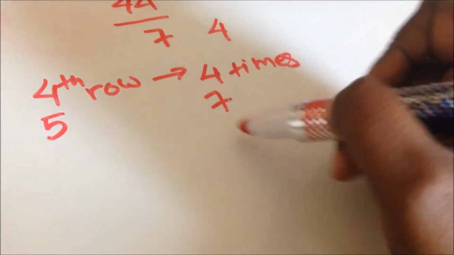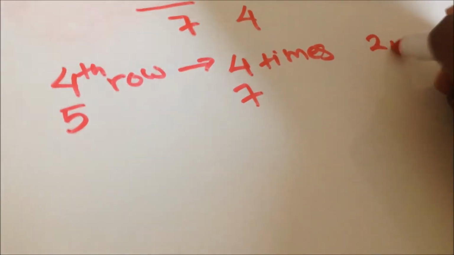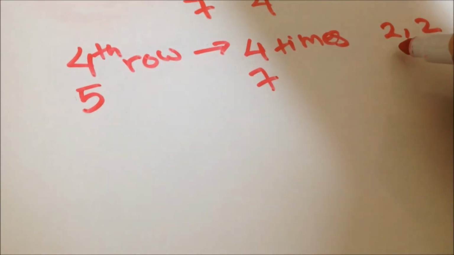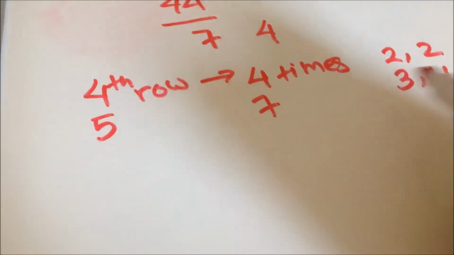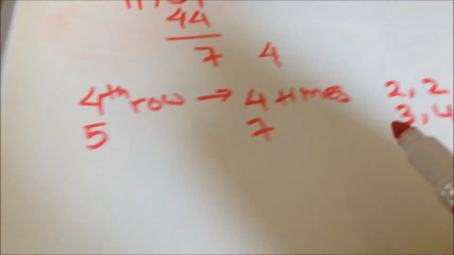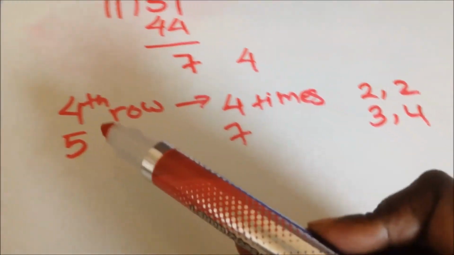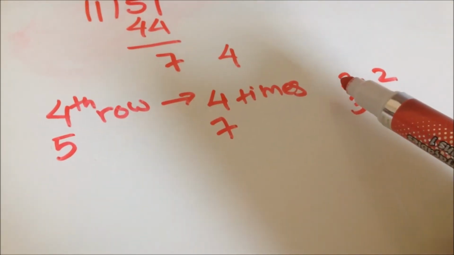So I'm going to break it down as 2 and 2, and then here it would be 3 and 4. And these numbers just add up to this number. I hope that's clear.